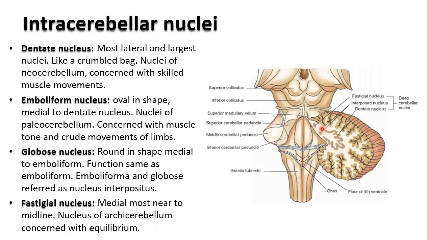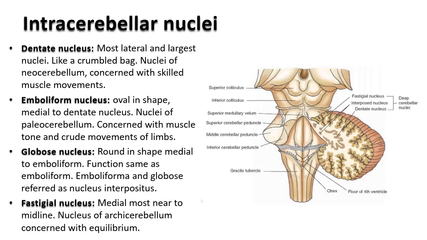The next is the fastigial nucleus, which you are able to see as the medial-most, near the midline. This is the nucleus of the archicerebellum, because the fibers from the vestibular nucleus, your eighth cranial nerve, relay directly, and these fibers also go directly to the cerebellar cortex without relaying in these nuclei.